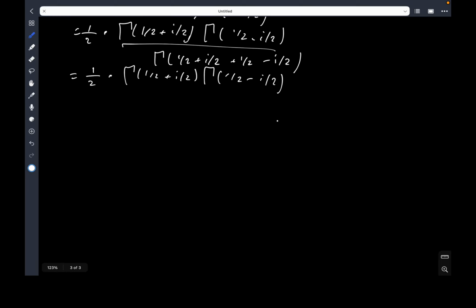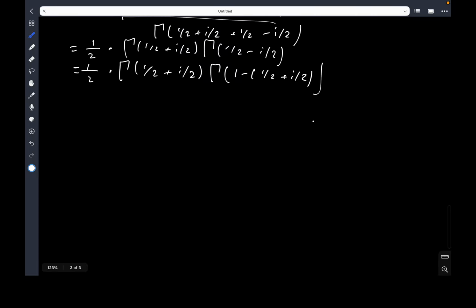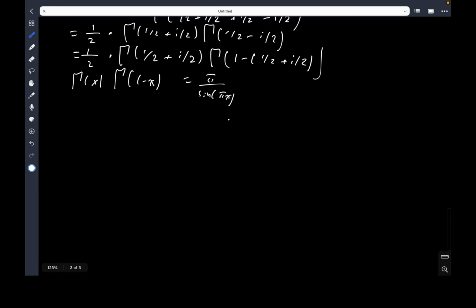Now, what I can do, I want to have it in a state that I want for myself. I'm going to say 1 minus half plus i over 2 here. And now here, I can use the identity gamma of x times gamma of 1 minus x is pi over sine pi x.